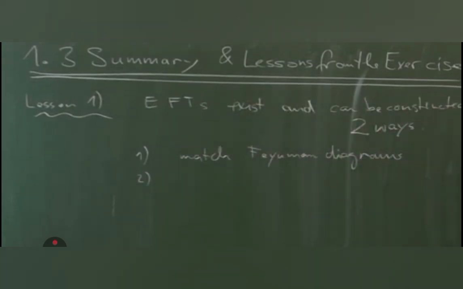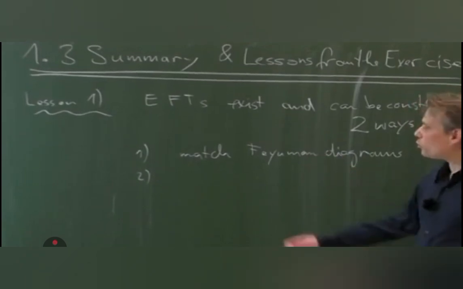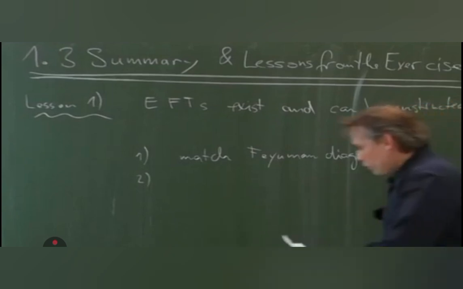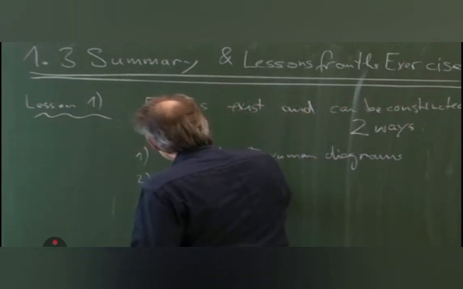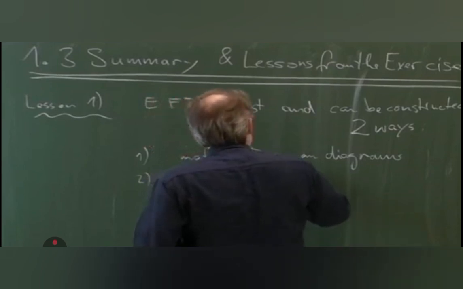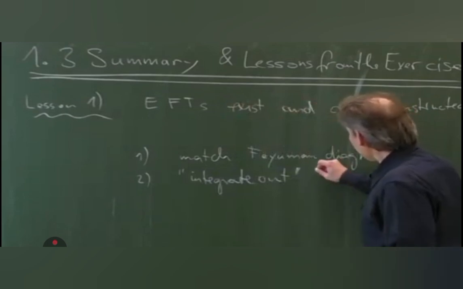There was, however, a second way, which sounds a little bit more general and also provides a reason why the first step works, namely by using equations of motion. By using equations of motion, we can integrate out, as it is the jargon, the heavy particles.